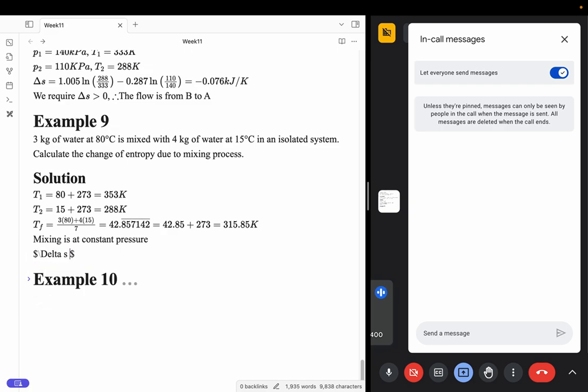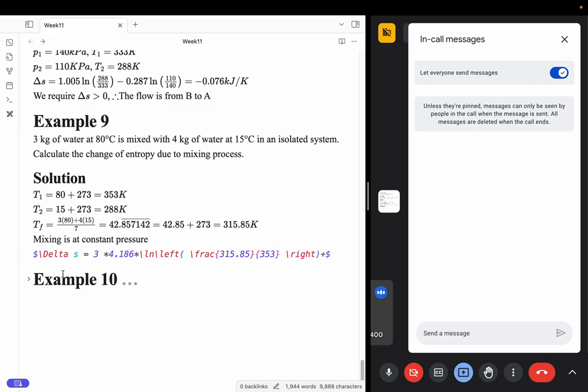So delta S is straightforward. You have the mass of them. You know the Cp of water. It's around 4.186, 4.187 something, whichever you want to use, times ln T2 by T1. So for the first one, the final temperature is 315.85 divided by 353.